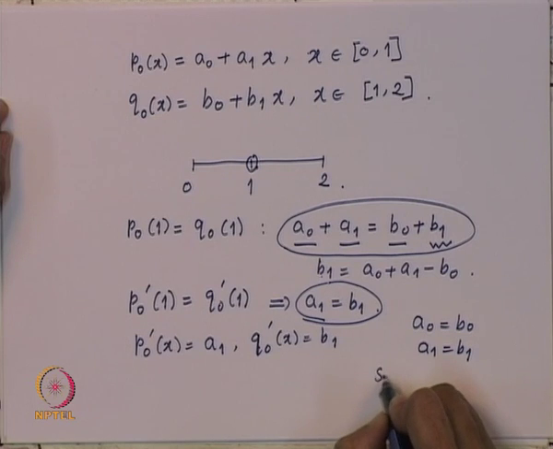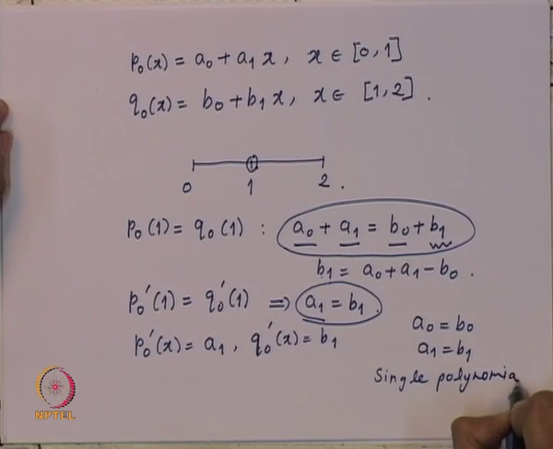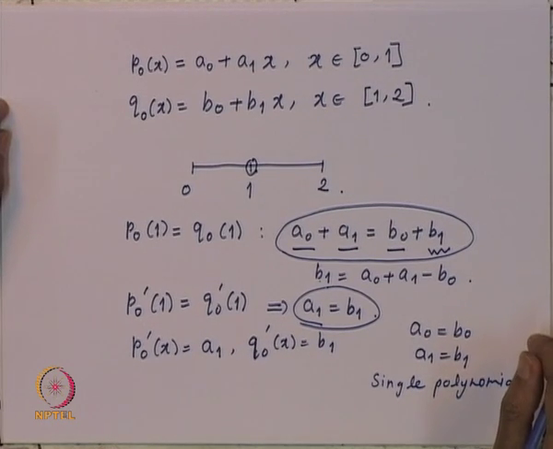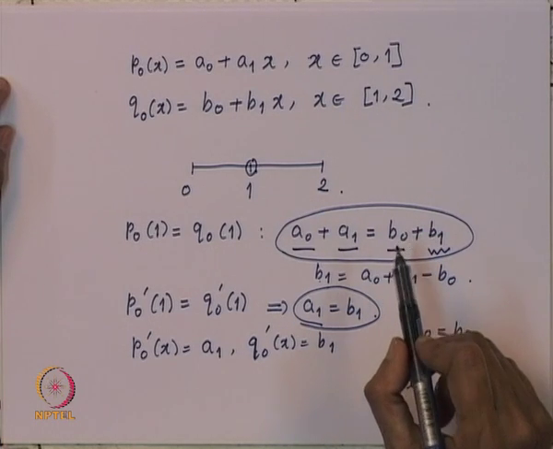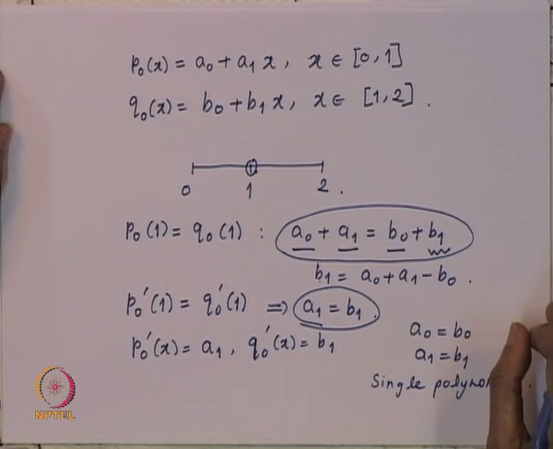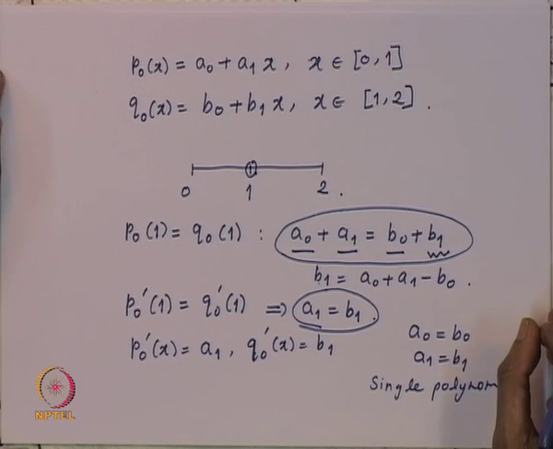That means it is a single polynomial. So, if we look at two polynomials of degree less than or equal to 1, then we can ask the resulting function to be continuous and still retain the piecewise nature. But if we ask the function to be continuous and differentiable, then it becomes a single polynomial.